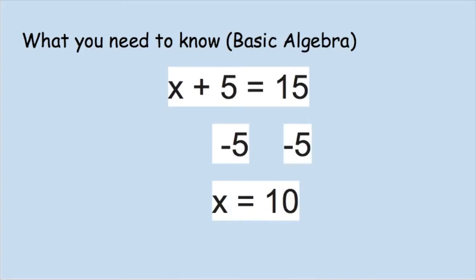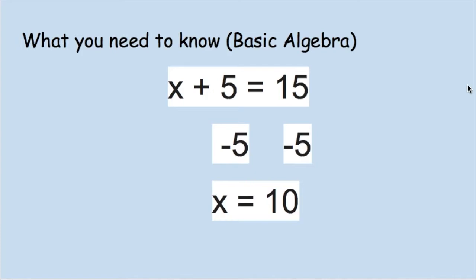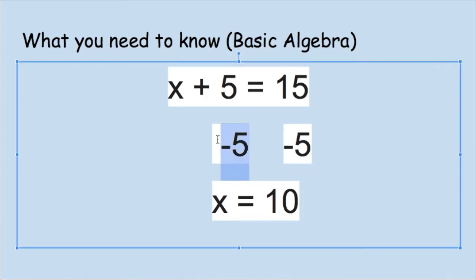One other thing you're going to need to know is basic algebra. In this problem, we have x plus 5 equals 15, and we want to solve for x. In order to do that, we want to isolate the variable, or get it by itself. To get rid of the plus 5, we need to do the opposite operation, which would be to subtract 5.